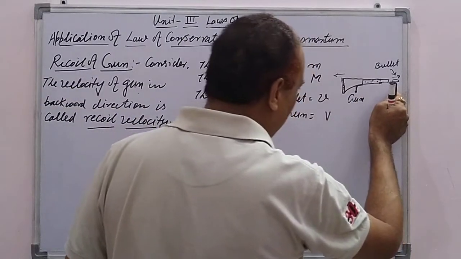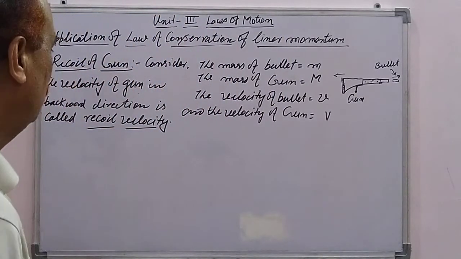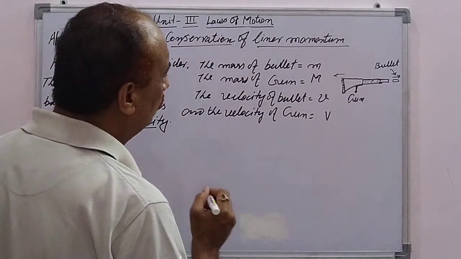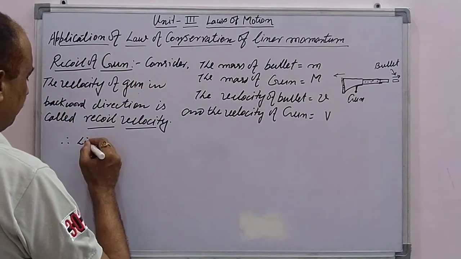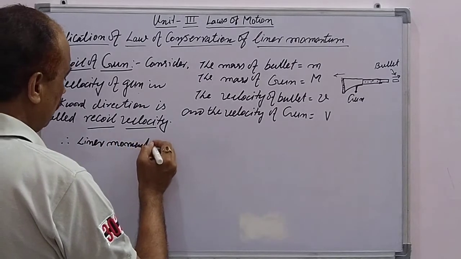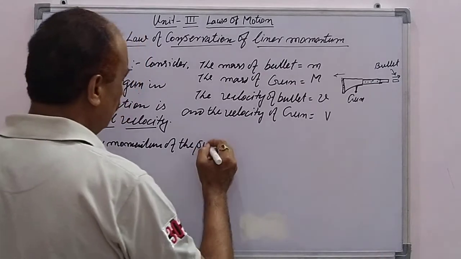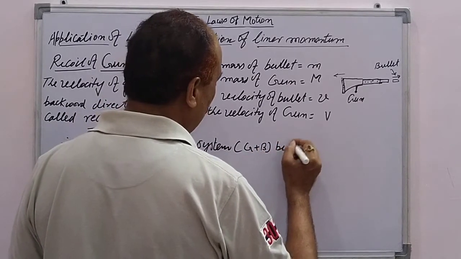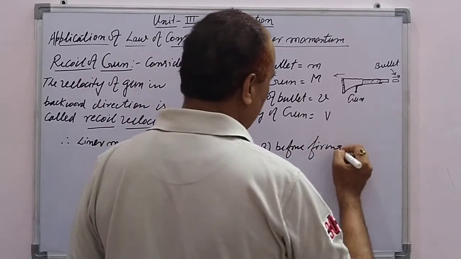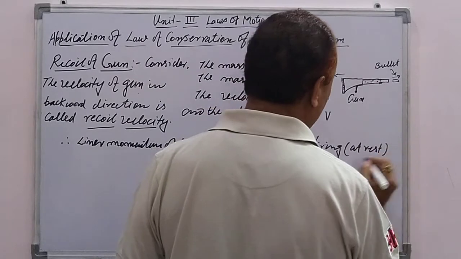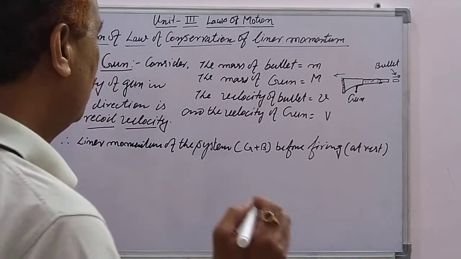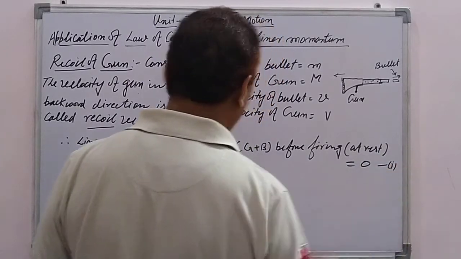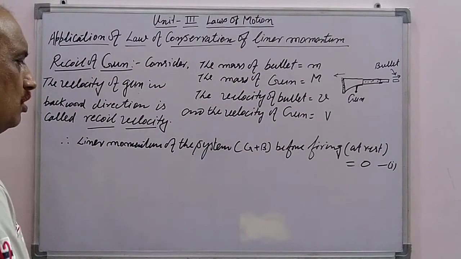Before firing, the bullet and gun are both at rest. So the linear momentum of the system, that is gun plus bullet, before firing, when the velocity of both the bullet and the gun is 0, is also equal to 0. That is equation number 1.